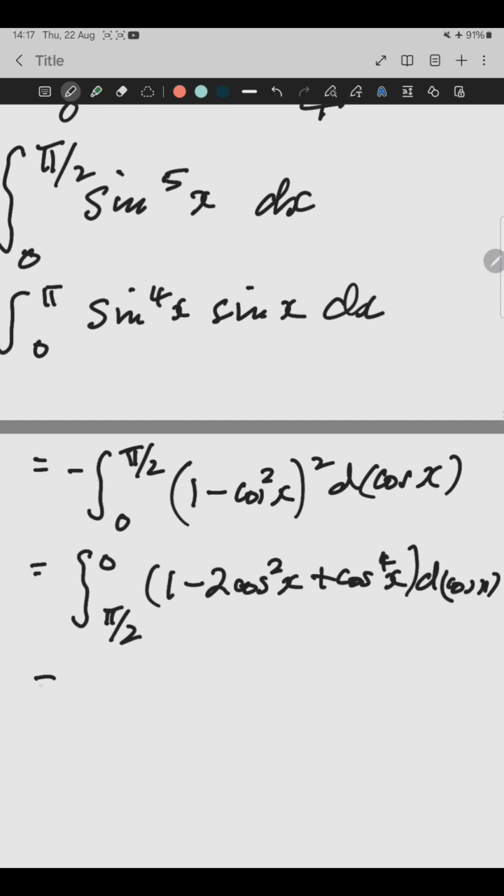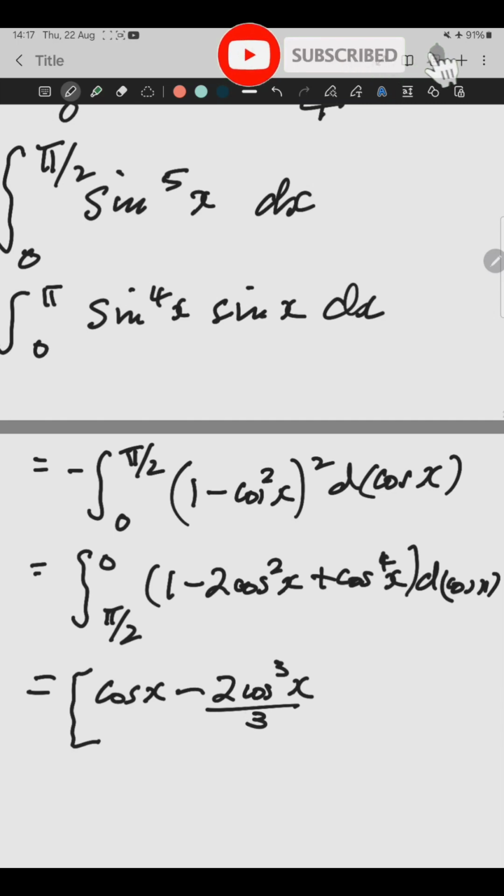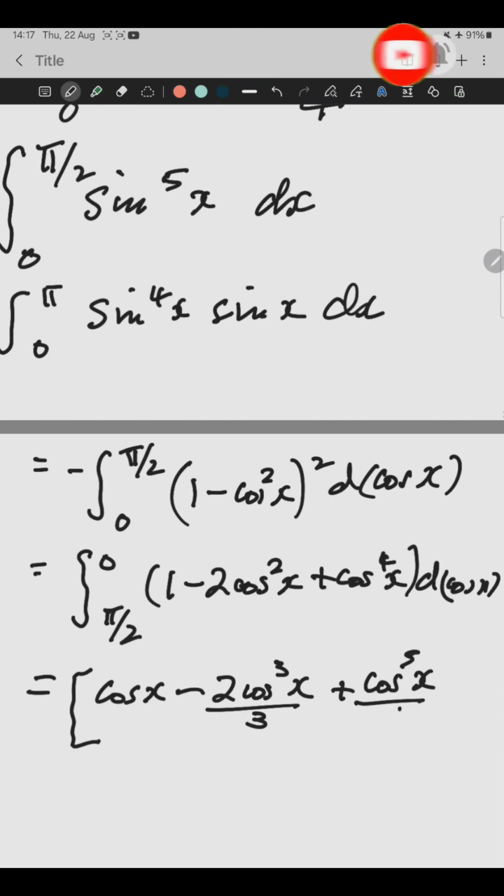And now remember, the variable for integration here is not x but cos x, so what this becomes then is cos x, so you integrate the 1, minus 2 cos cubed x over 3 plus cos to the 5th x over 5, and we just want to put in our limits, 0 and pi upon 2.